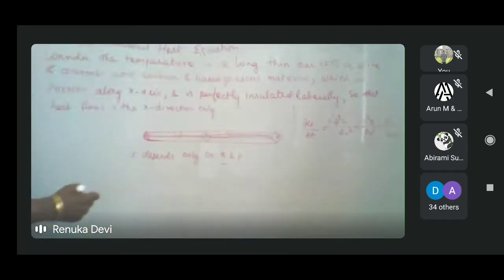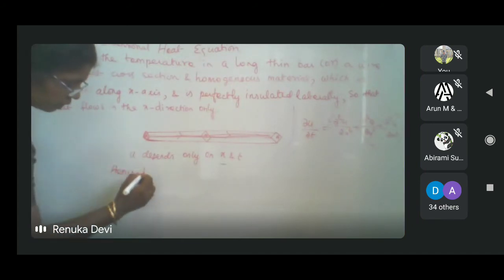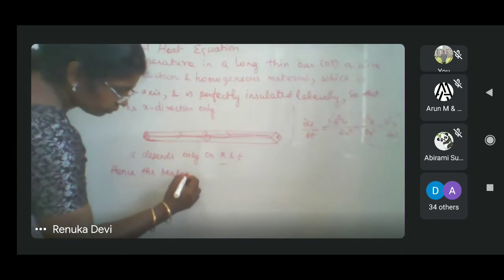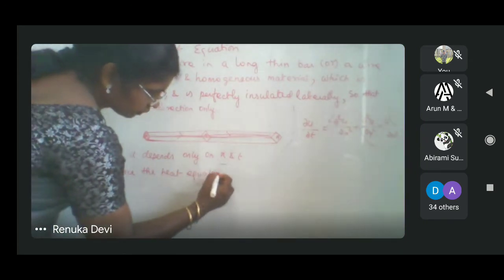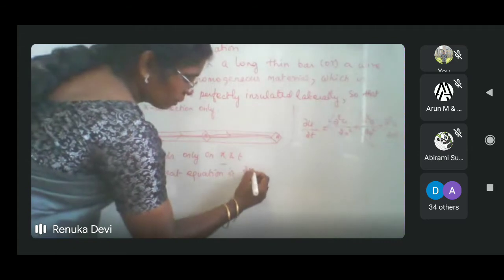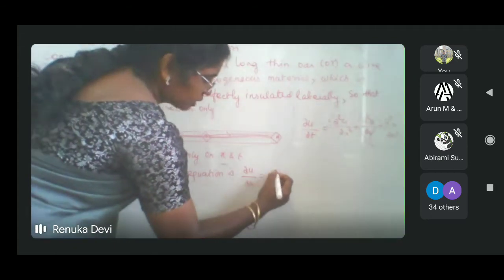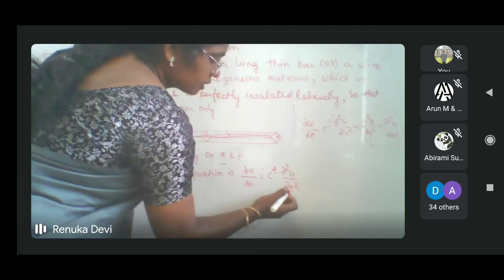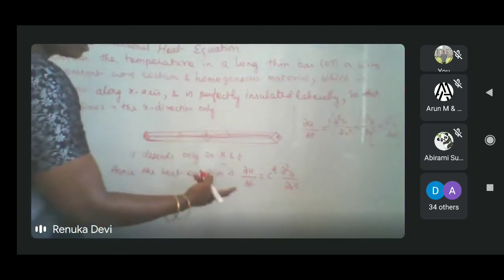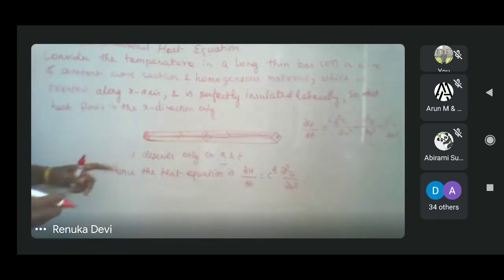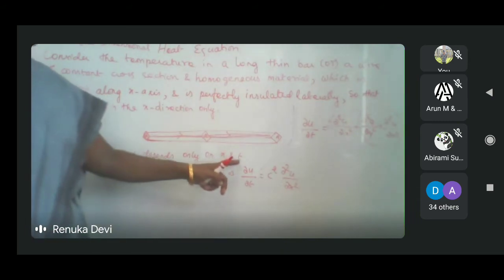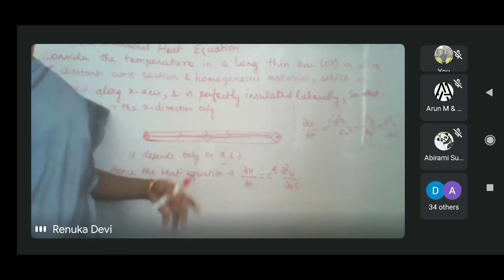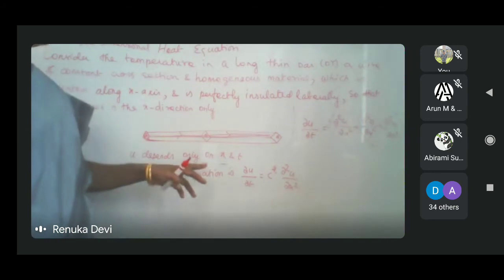Hence the heat equation is dou u by dou t equals c squared into dou squared u by dou x squared. What is x? x is the displacement and t is the time. So as time varies, the temperature may change, and with position also.